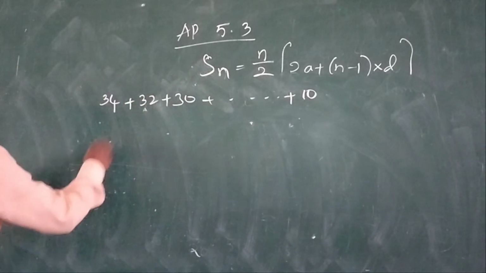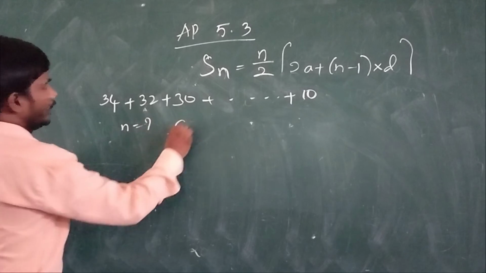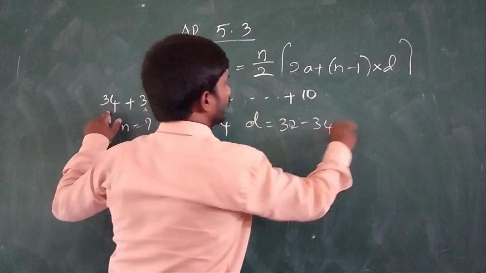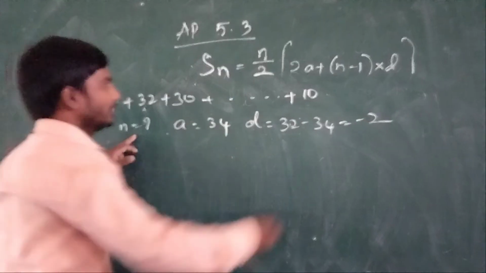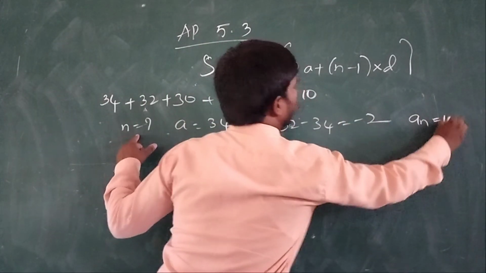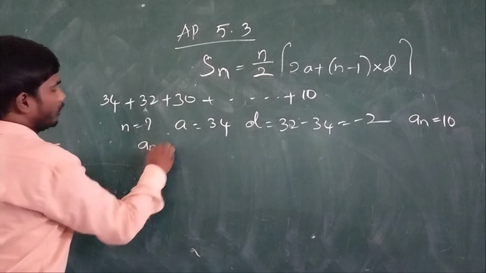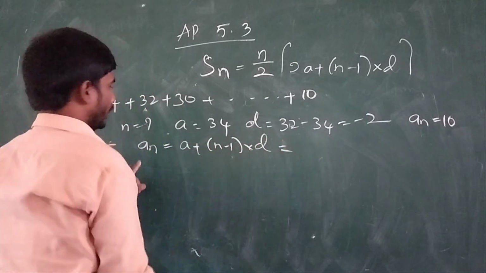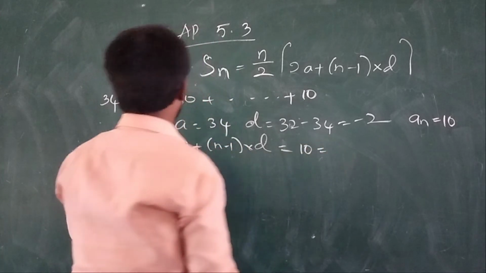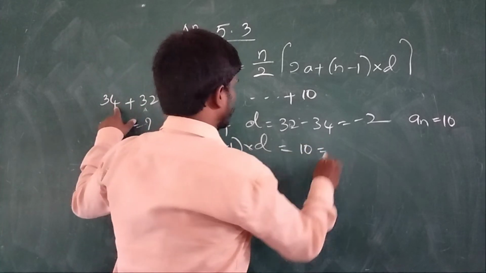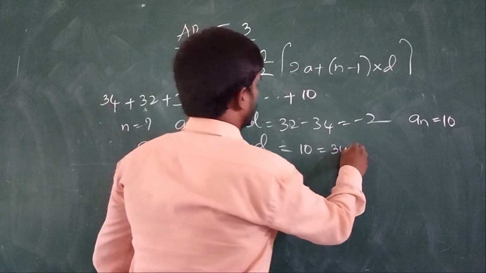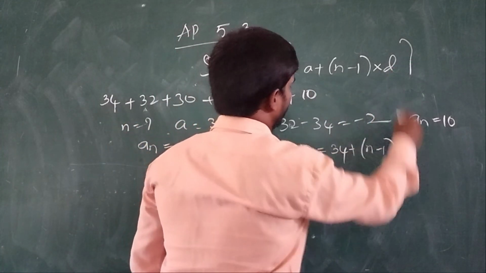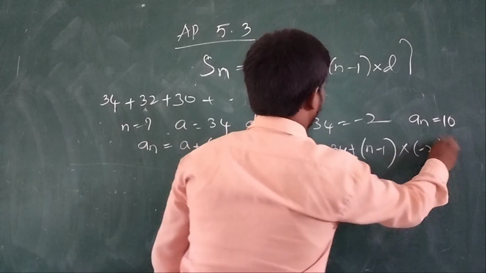To find the n value, here a is equal to 34, d is equal to 32 minus 34, that is minus 2. The last term an is equal to 10. Use the an formula, a plus n minus 1 into d. So 10 is equal to 34 plus n minus 1 into minus 2. Taking 34 across, 10 minus 34, that is minus 24, equals n minus 1 into minus 2.